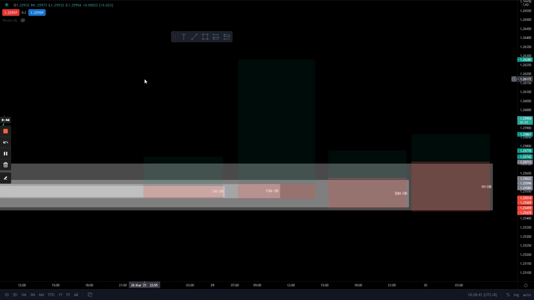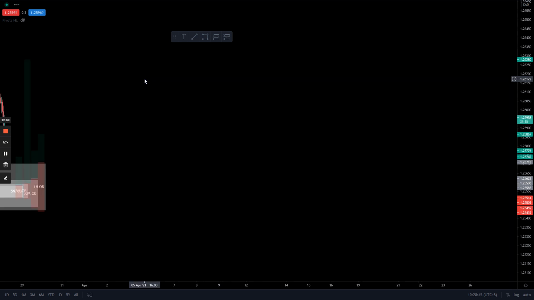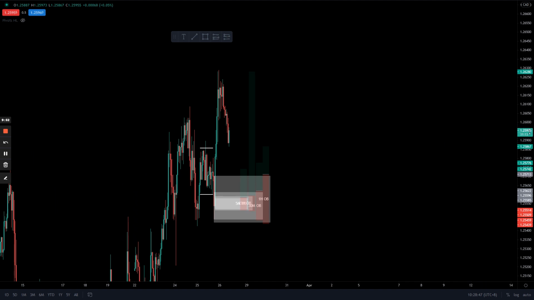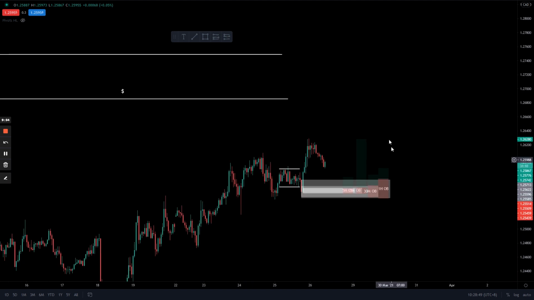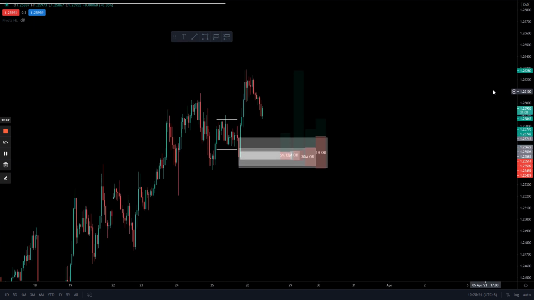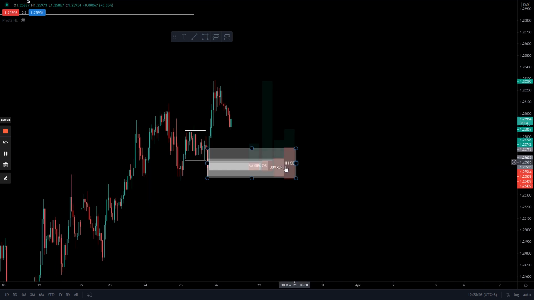So let's look at the higher time frame and see whether everything looks logical or not. It might look like a mess, but don't worry about it. These are the entries that we are looking to get. We have the 5 minute over here, the 5 minute over here, the 15 minute over here, the 30 minute over here, and the 1 hour over here.